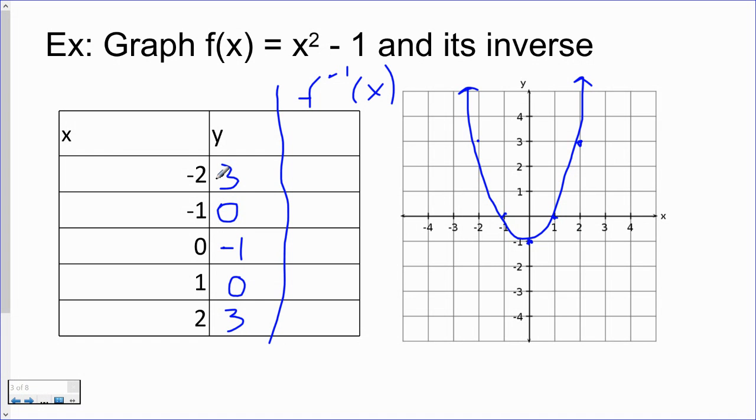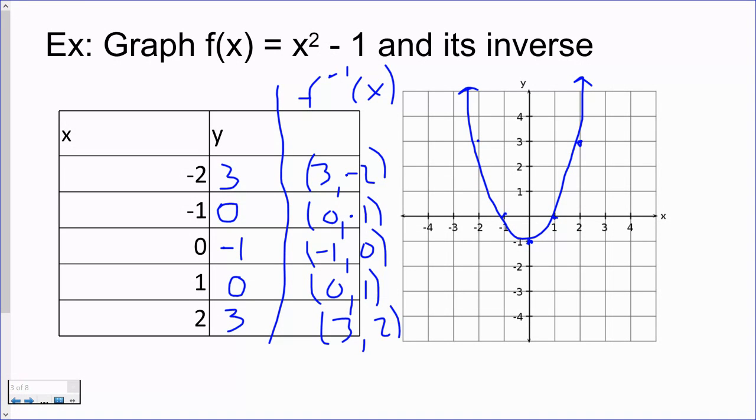So if I had (-2, 3), this one's going to be (3, -2). And if I had (-1, 0), it'd be (0, -1). And then this one would be (-1, 0). This one would be (0, 1), and then (3, 2). I'll use a different color here just to denote that.